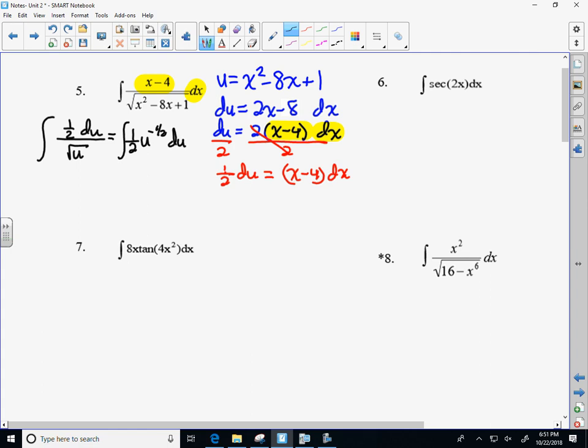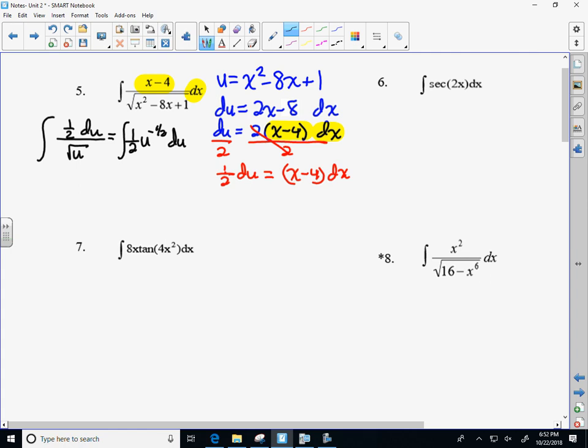And again, you know you've selected the correct u if every trace of x is canceled away. Notice how the 1/2 is there, so that's fine. Constant multiples are never a problem. It's the variable x. If I'm doing a U-Substitution, x has to go. You can't integrate with both a u and an x in the expression, right, in the integrand.